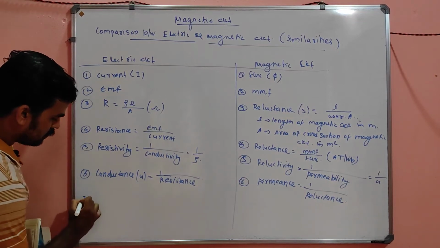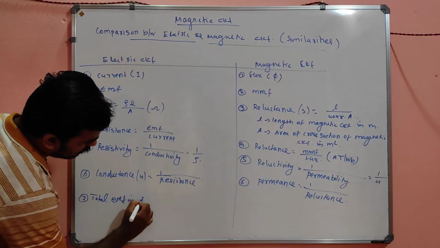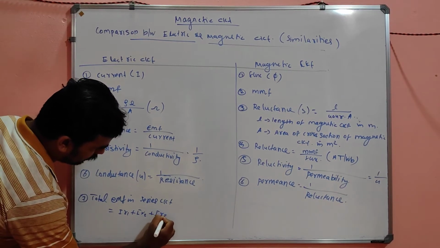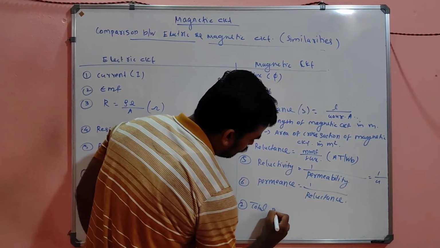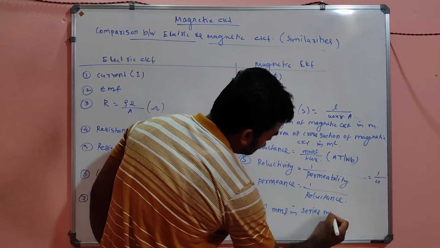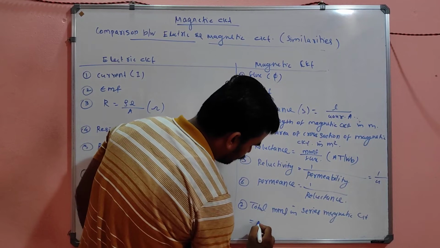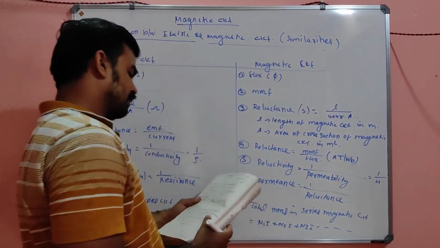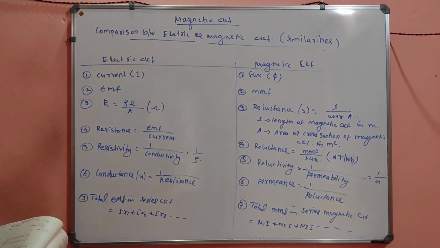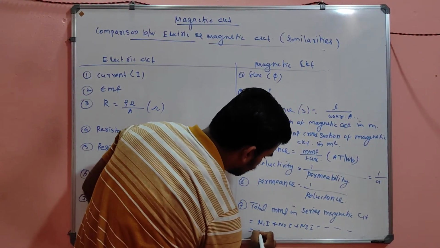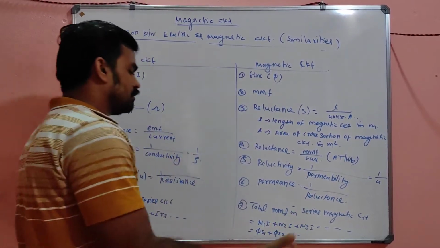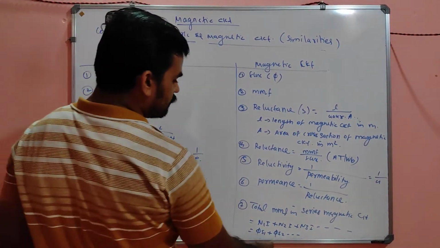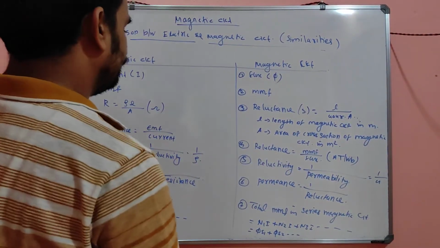Next, total EMF in a series circuit equals I into R1 plus I into R2 plus I into R3, etc. Similarly, total MMF in a series magnetic circuit equals N1 into I plus N2 into I plus N3 into I, etc. Or you can say phi into S1 plus phi into S2, etc. That is the same, because phi is the same, similar to current being the same.